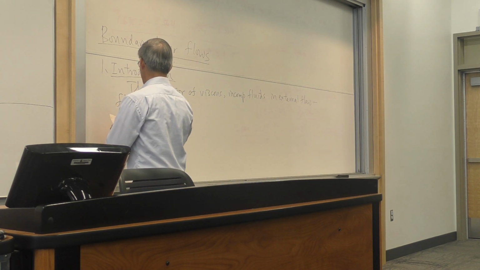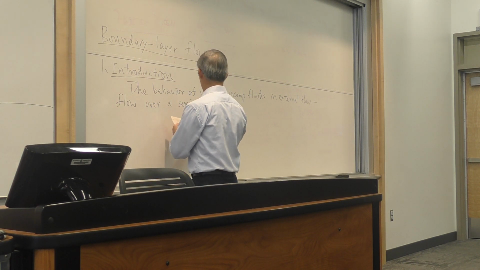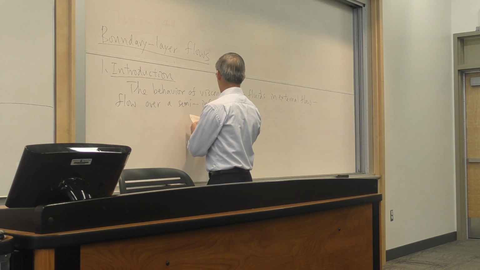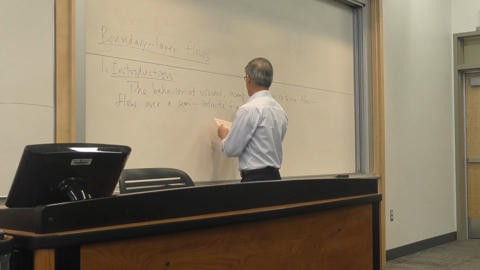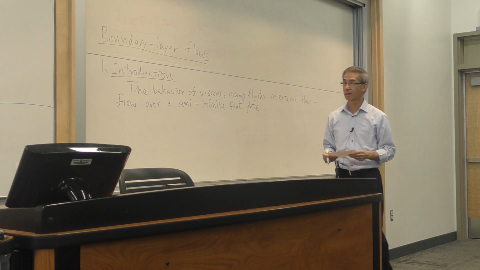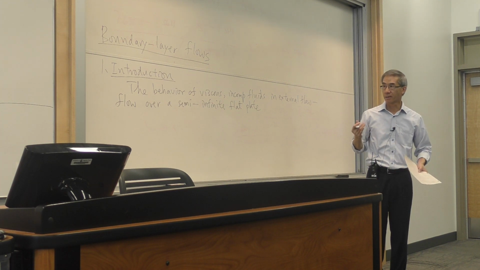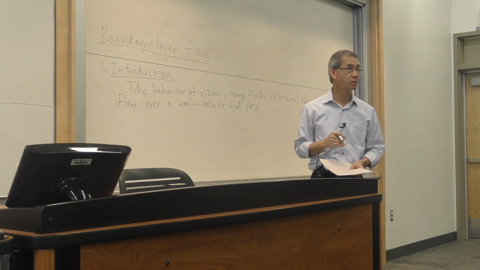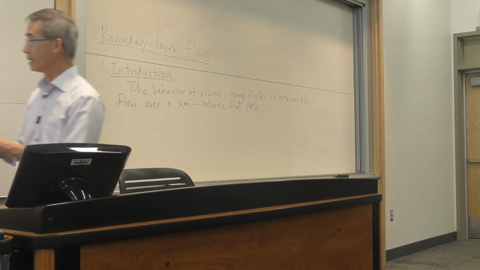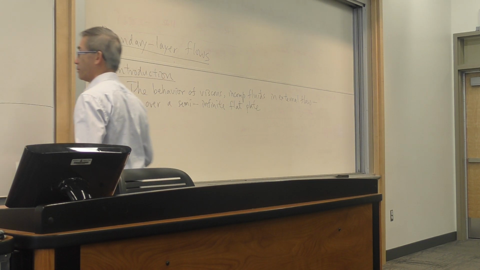And we will use an academic type of geometry called a semi-infinite plate to come up with this concept of the boundary layer. And it's academic because nothing in real world application is semi-infinite. And by that I mean a plate semi-infinite.